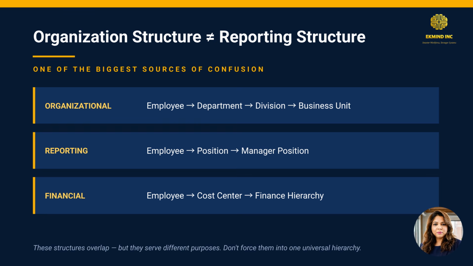Imagine employee to position and position to manager position, but also employee to department and department to division and division to business unit, and employee to cost center and cost center to finance hierarchy. Those structures can overlap, but they serve different purposes. One of the biggest architecture mistakes is trying to force all of them into one universal hierarchy. Enterprise organizations rarely work that way.